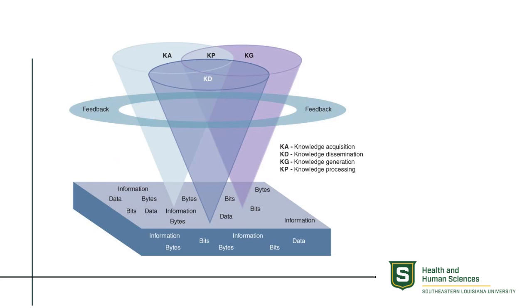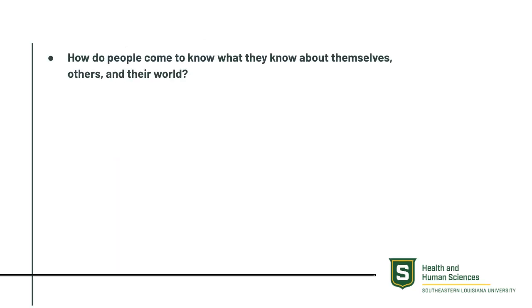Cognitive science is also interested in figuring out how people come to know what they know about themselves, about others, about their world, or about other people's world. There are a couple of theories that have been used to try to answer this question.